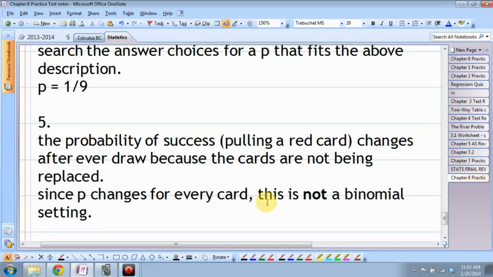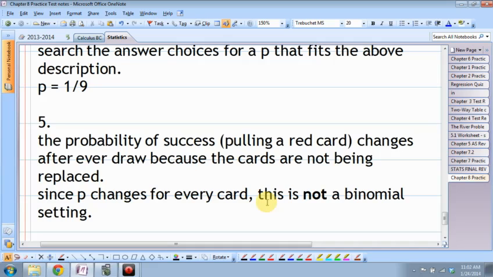So let's see. A, binomial distribution. B, binomial distribution. C, binomial distribution. D, normal distribution. None of those really work, right? Let's read these in more detail. Y is a normal distribution with n equals 40 and probability of success 0.5.